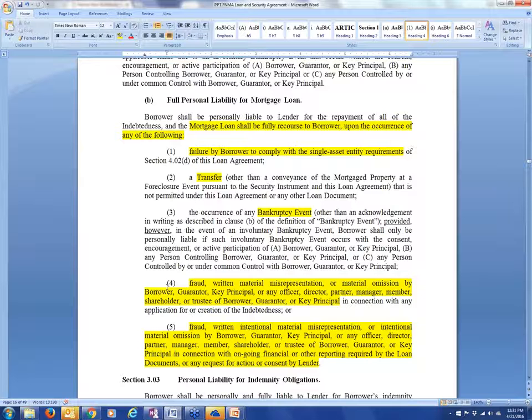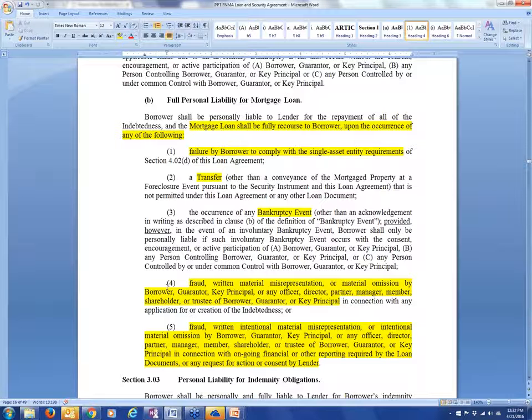Now, folks, let me just tell you something. Personal experience. I've been in a situation where we've had to give a property back to Fannie Mae. And it was a non-recourse. And they never came after us because we did everything we were supposed to do. We really managed that property to the letter of the document. And if we were getting ourselves into trouble, we were on the phone with our lender.